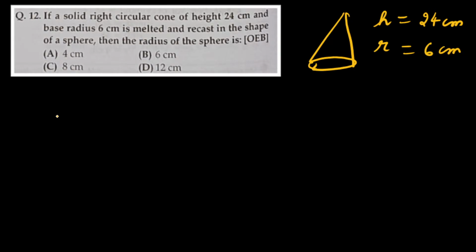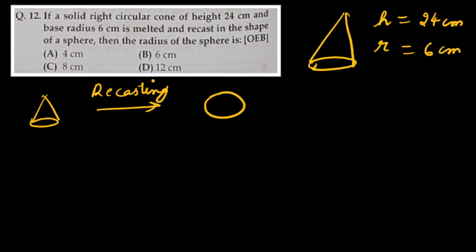It is melted. So here the cone is melted and recast in the shape of a sphere. So again recasting is there. If recasting is there, we have to find the radius of the sphere, same as we did in the previous question. In case of recasting, which concept can we use?